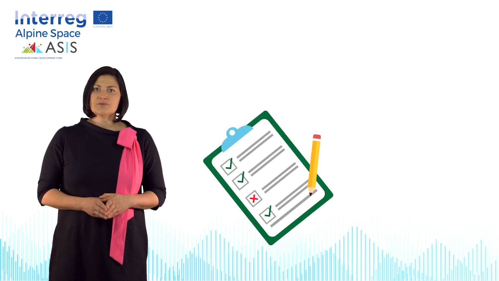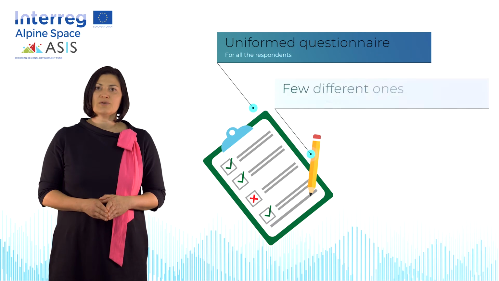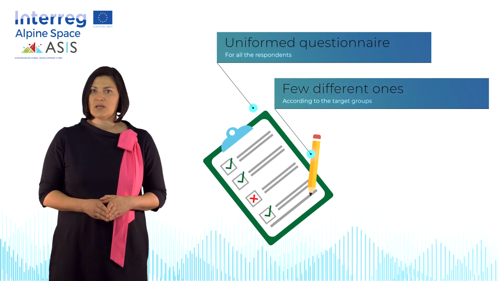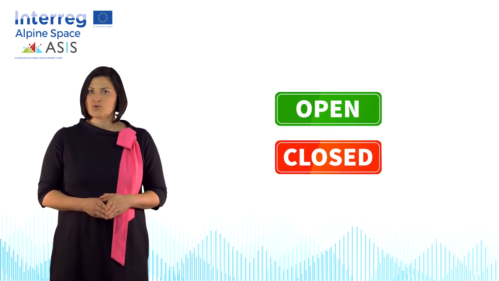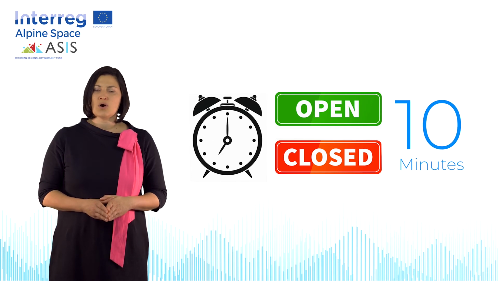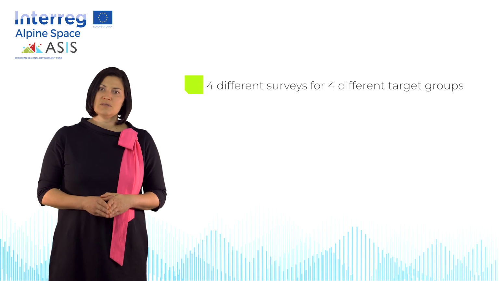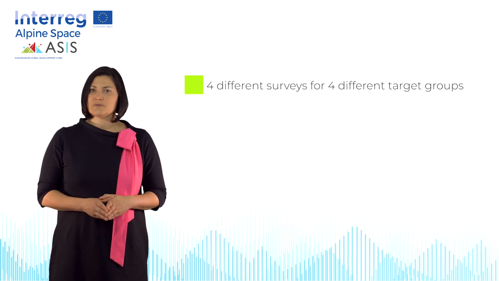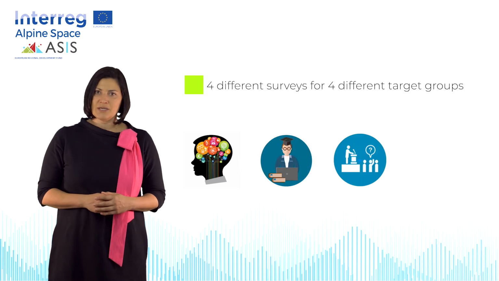You can either use a uniform questionnaire for all the respondents or prepare a few different ones according to the target group you are trying to get information from. You can use both open and closed questions and make sure the time used to answer them does not go over 10 minutes. We prepared 4 different surveys for 4 different target groups: social innovators, research and academia, policymakers, and business professionals.